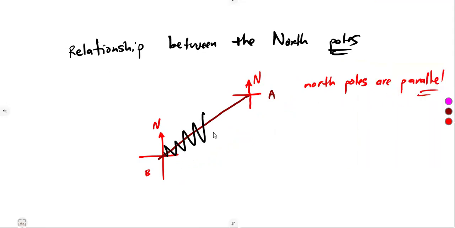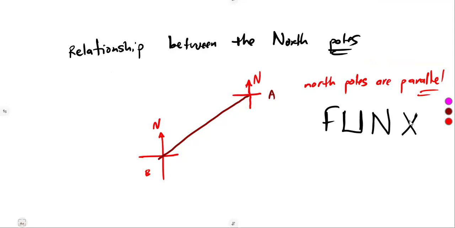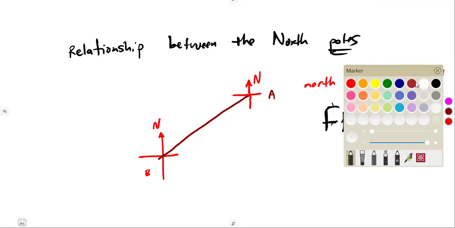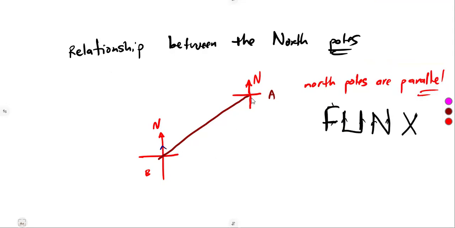The line drawn joining these north poles becomes the transversal line, which gives us, remember, back to our grade 9 understanding of our angles: vertically opposite angles, alternate angles, co-interior angles, and also the corresponding angles can be formulated from there, as we understand that the lines are parallel to each other.